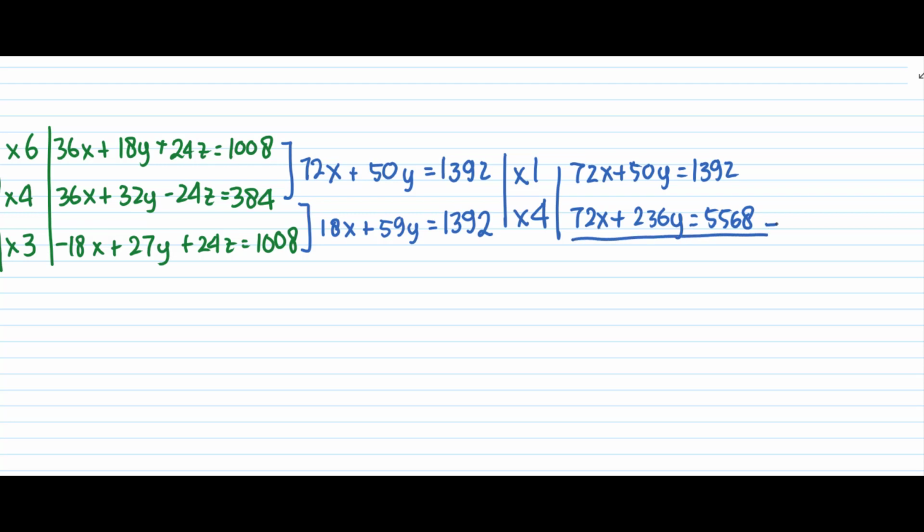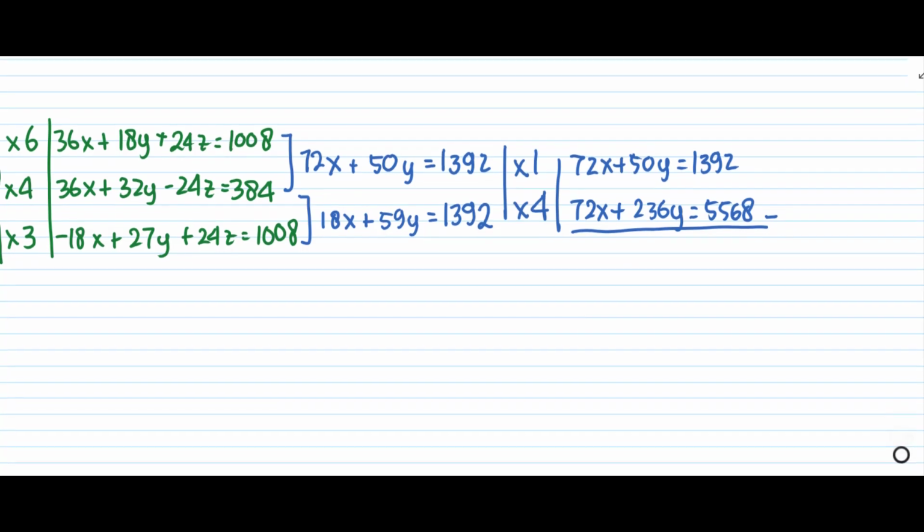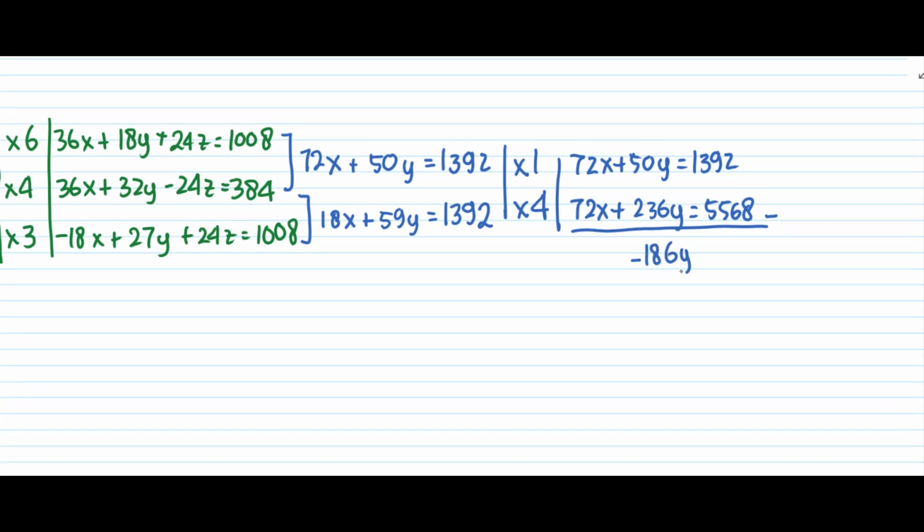And then you can minus it. 50 minus 236 is negative 186y equals 1392 minus 5568, negative 4176. So y will be 4176 divided by 186. The result is 696 over 31. Okay, see, the result is not so good.